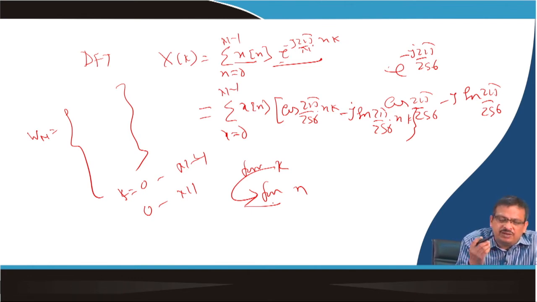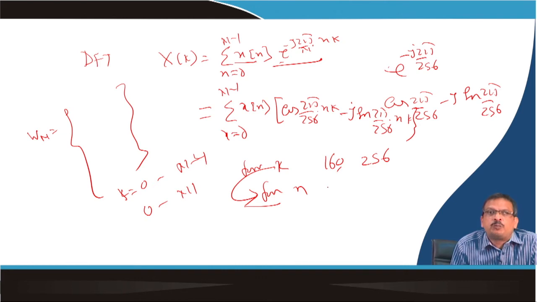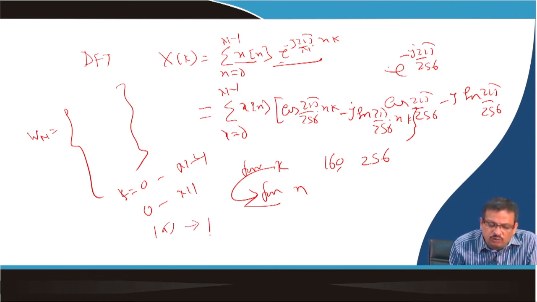Now if I ask you, 160 sample 256 point DFT, plot the magnitude spectra, draw the magnitude spectra for practical application. Let's say I said record your voice. From that voice you take a window of the voice.